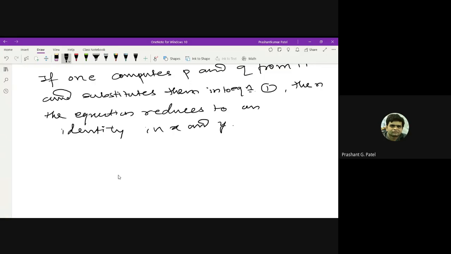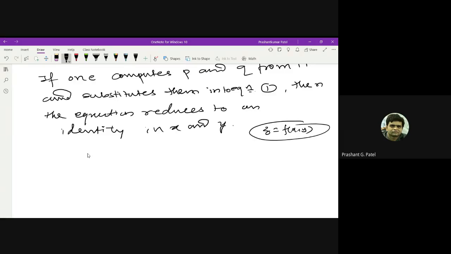So there are different types of solution. Different types of solution are also known as integral surfaces, because in general z is equal to f of x, y will represent a surface. That's why it is sometimes known as integral surfaces.